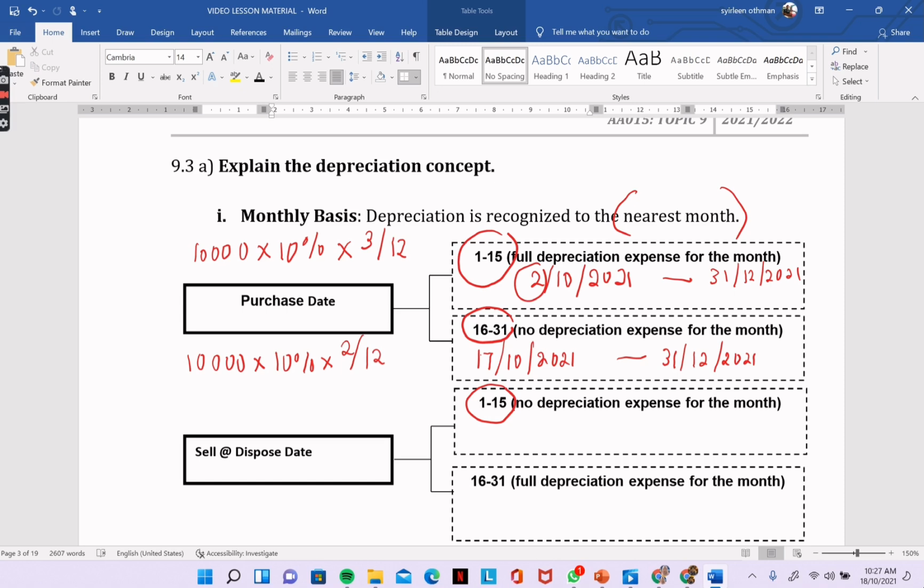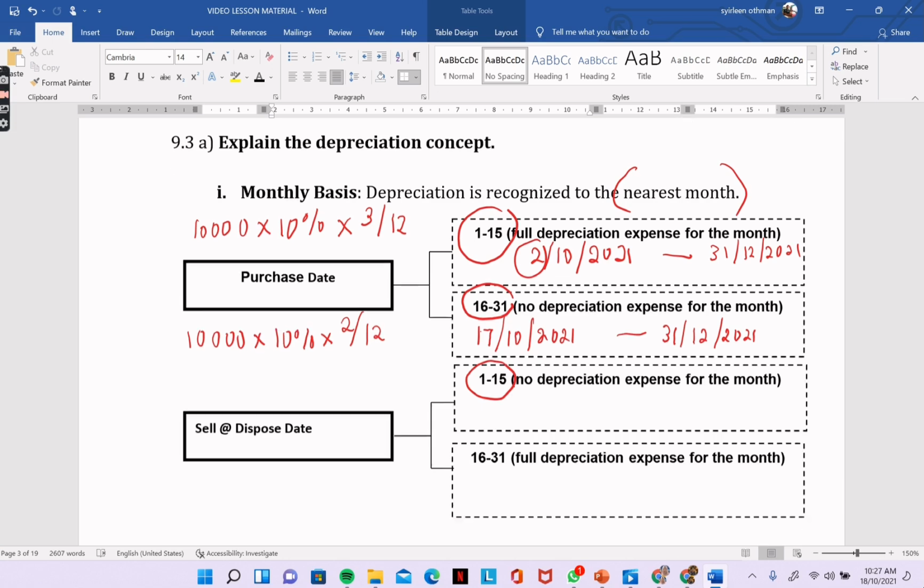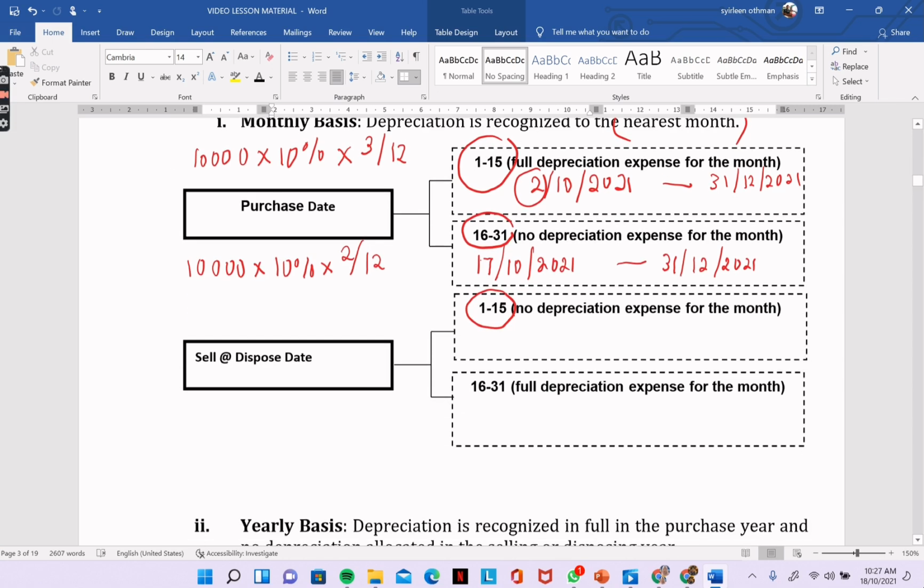Okay, so contoh, katakan sekarang asset tu dah memang ada dengan saya. So we are doing the disposal on the year of 2021. Okay, let's say saya nak jual asset tu hari ni. Okay, so hari ni will be 18 of October 2021. Okay, so before I am able to sell the asset, saya kena kira asset tu to the latest book value.